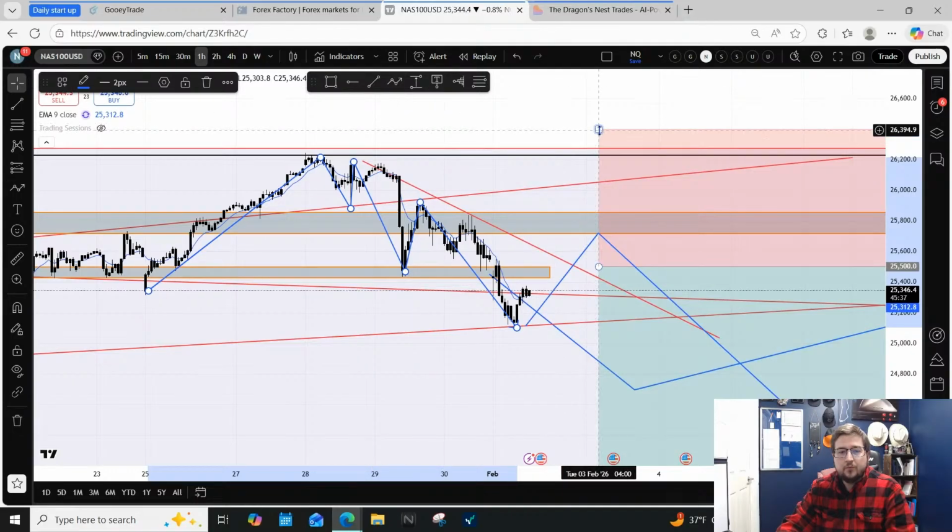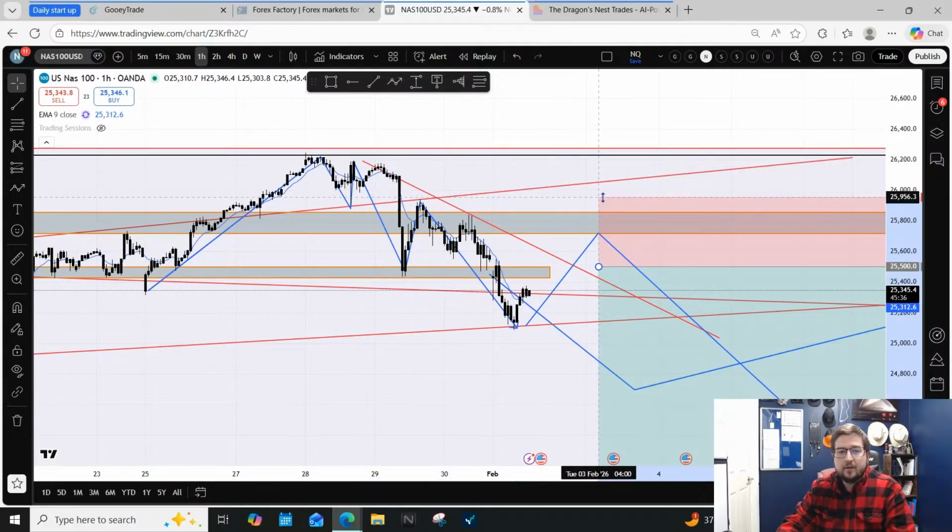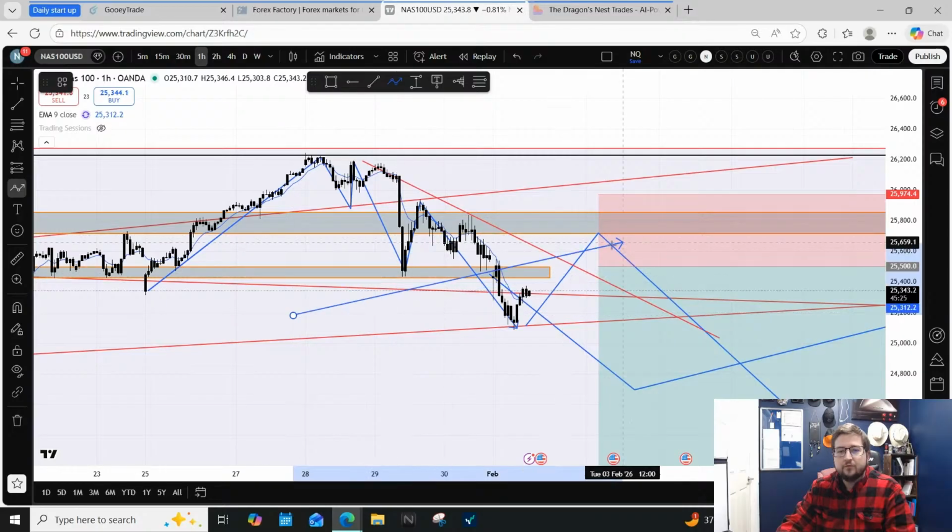So if we wanted to look at a possible entry opportunity, you could even put a stop loss here and then a continuation down. And this is actually what I did on the open. So I added two stop losses, one stop loss here and then one stop loss up here at the double top, giving me a better entry area to get a better and higher risk to reward ratio.